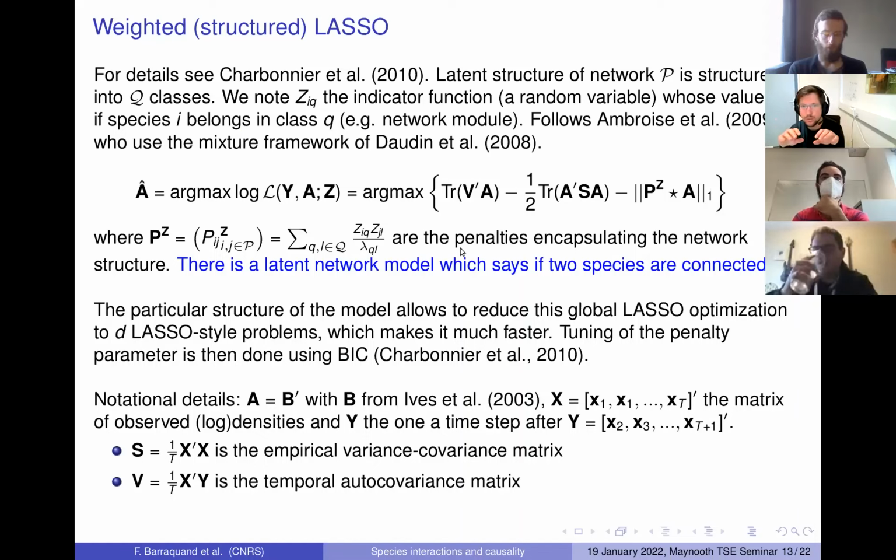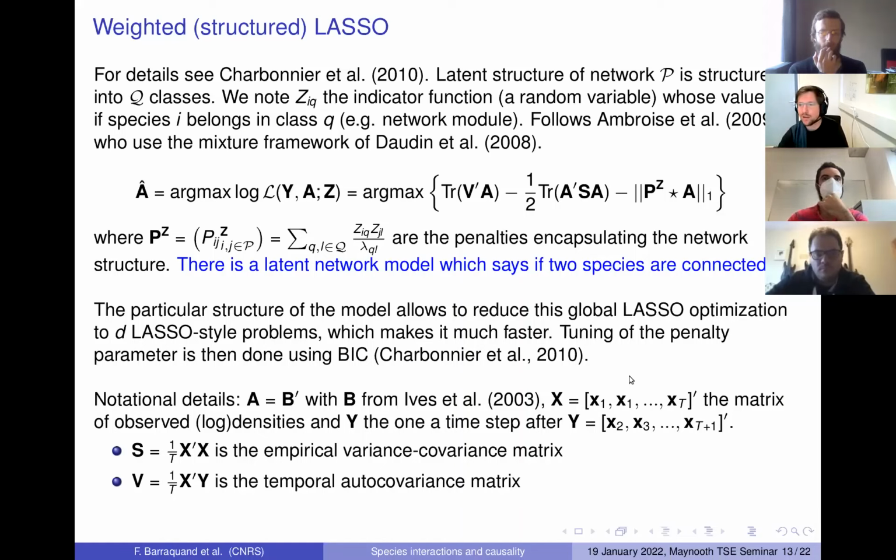So we have an indicator function that says if two species can be connected or cannot be connected. And then there's a mixture model, which is fitted at the same time. I won't go into all the technical details. In the paper associated with this, we have an appendix in which we give a little bit of detail. And then in the original papers, you will find the whole thing.